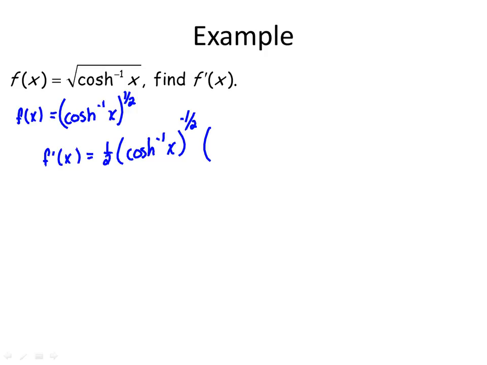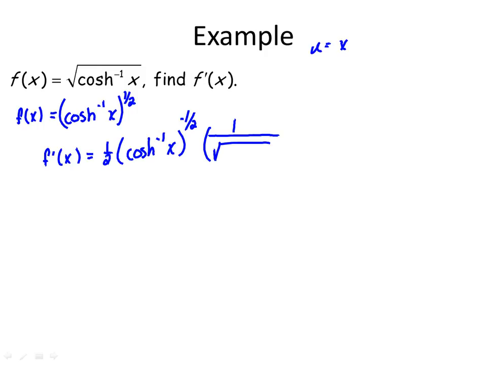Now, let's do the derivative of hyperbolic inverse cosine, all of it together, of x. What's it going to be? The derivative of the inverse hyperbolic cosine. Do you see it? 1 over the square root. What is u squared?